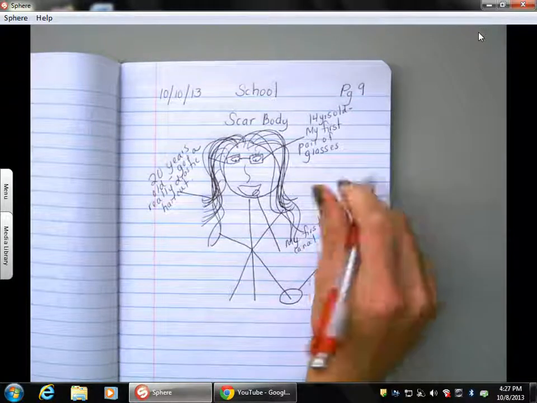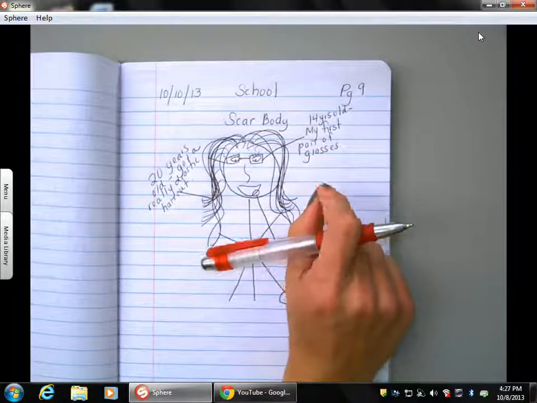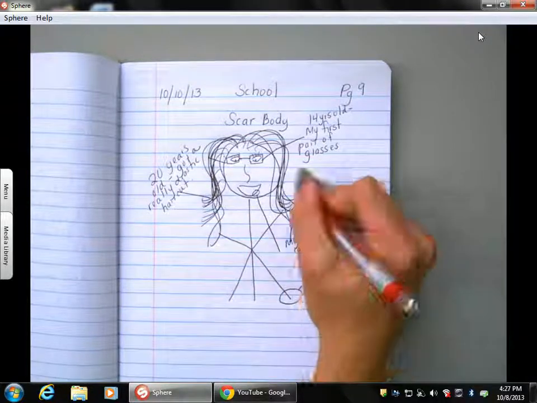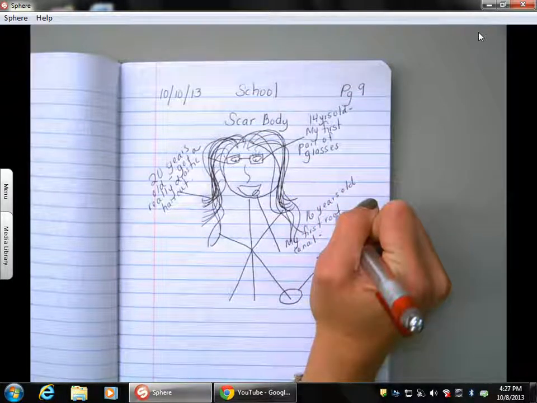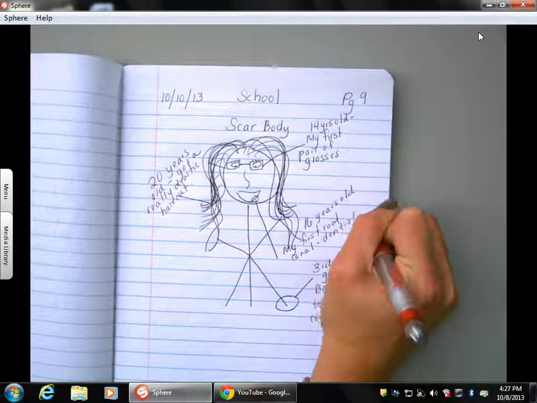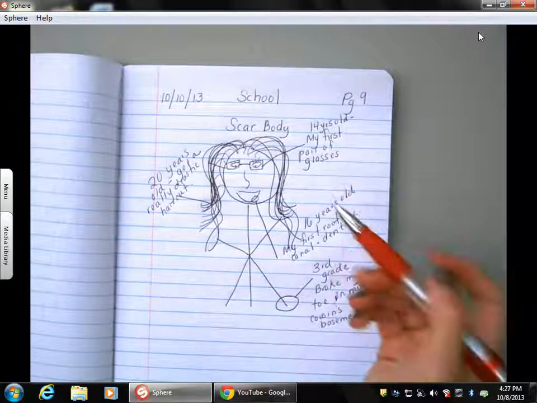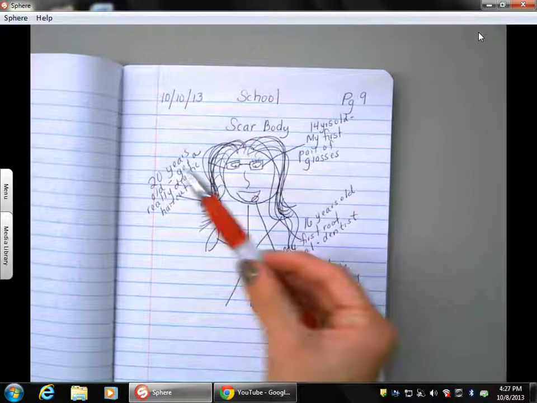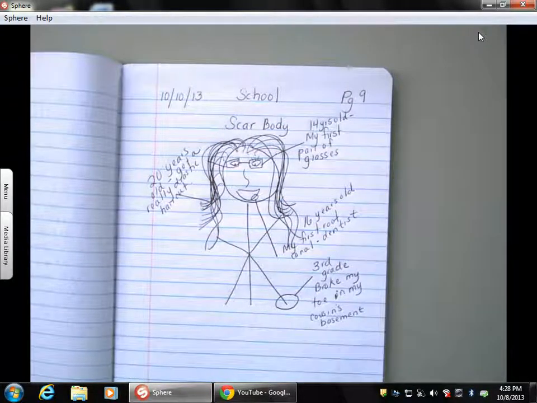And I remember, I was in high school. I think I was maybe 16, so 16 years old. And that dentist experience was not fun. But I can remember it and I can write a great story about it because my emotions are there. So I have four different aspects here, components on my scar body that can generate a great story.